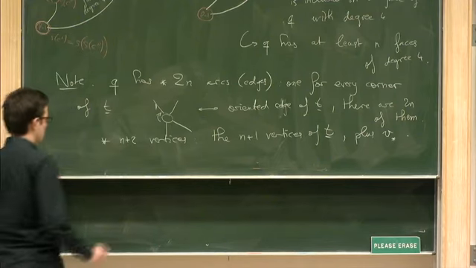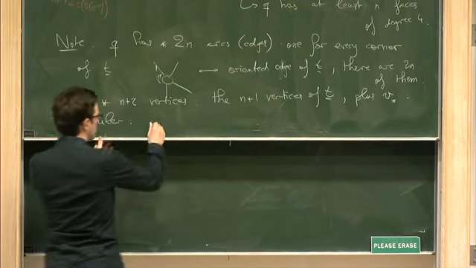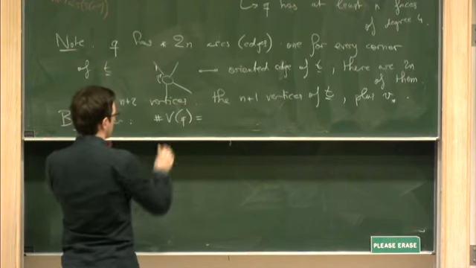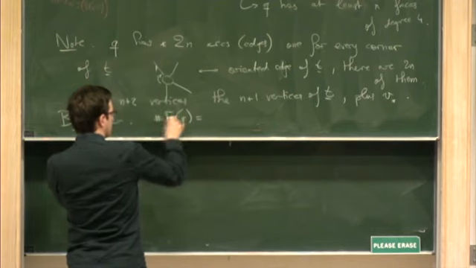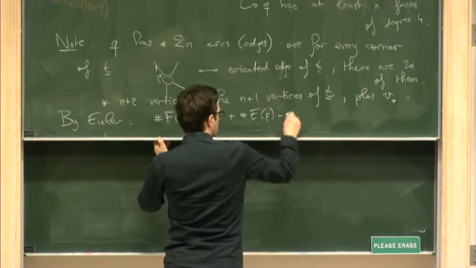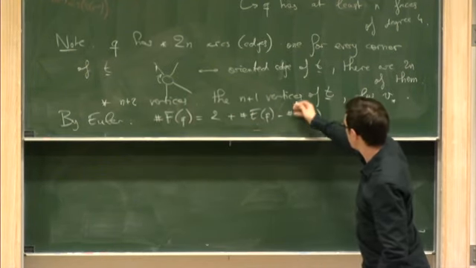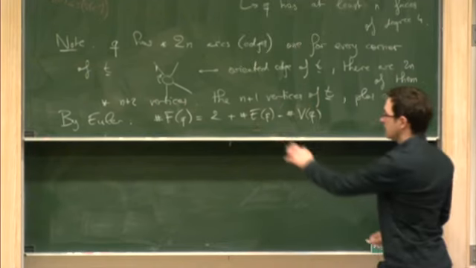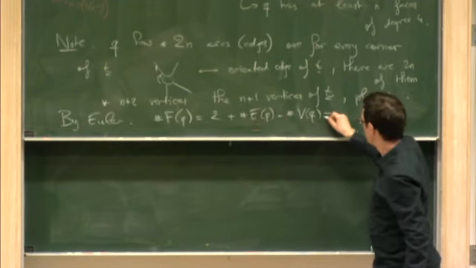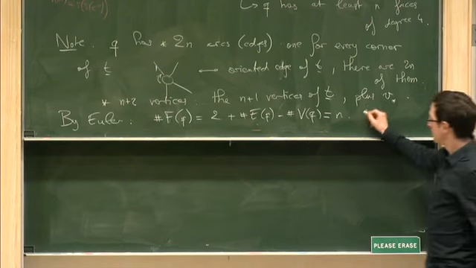So, by the Euler formula, the number of faces of Q is equal to 2 plus the number of edges minus the number of vertices. That's 2n plus 2 minus n plus 2, and that's n. And so we found all of them.